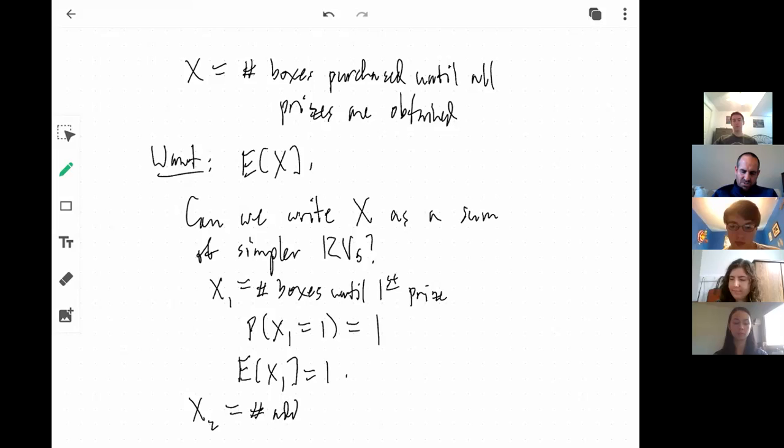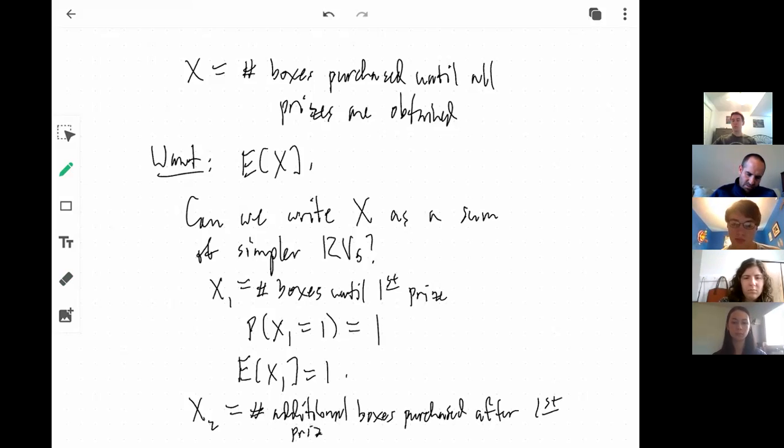The number of additional boxes purchased after the first prize is obtained until a second new prize.